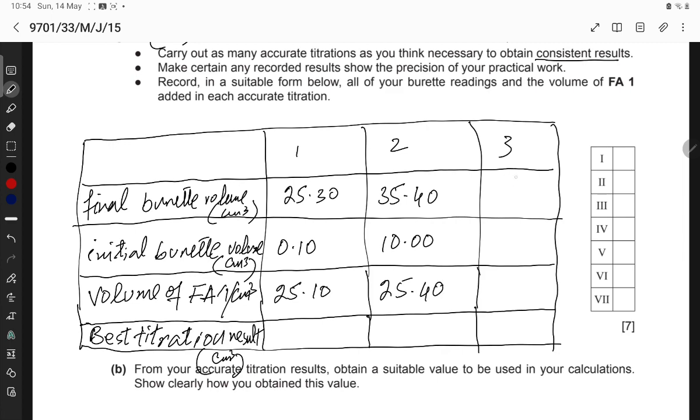Similarly, the third reading we have 6.10 and 31.20 and the subtracted reading is 25.10. So now we have two best titrations, that is 25.20 and 25.10. These are the best titration results.